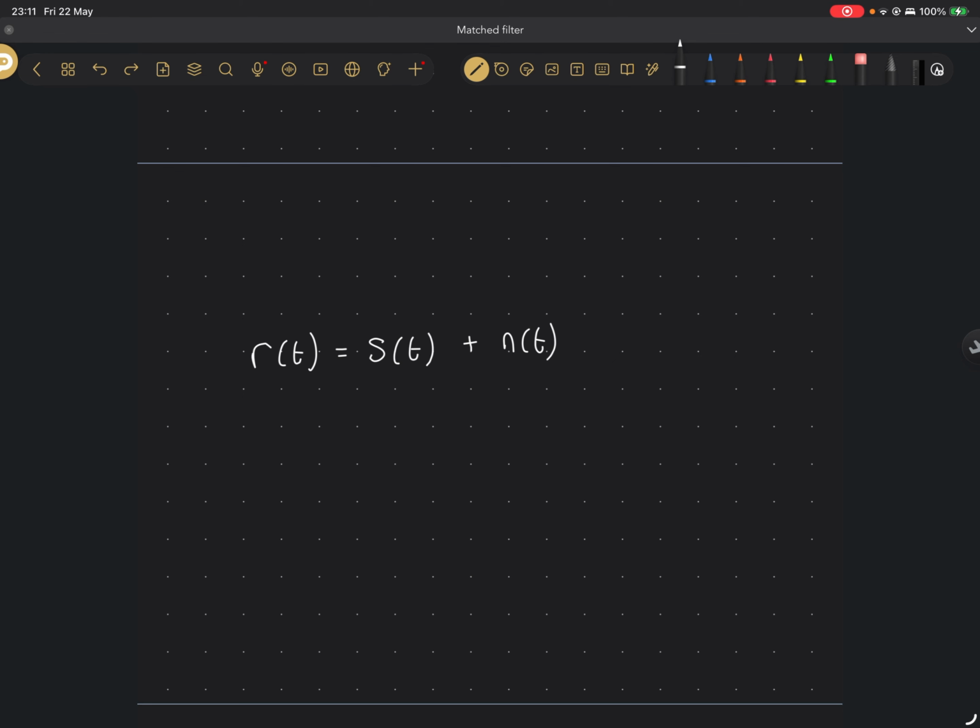So the purpose of a matched filter is to maximize this signal to noise ratio, specifically at the sampling instant, right?